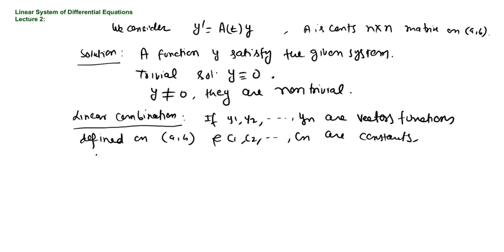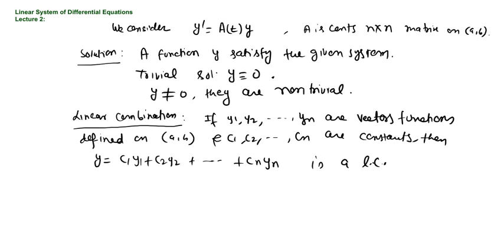then y equal to c1 y1 plus c2 y2 plus dot dot dot plus cn yn is called a linear combination of vectors y1, y2 up to yn. So this is a linear combination of n vectors.